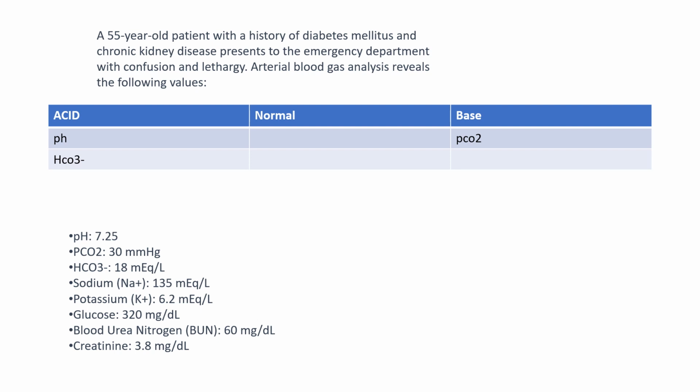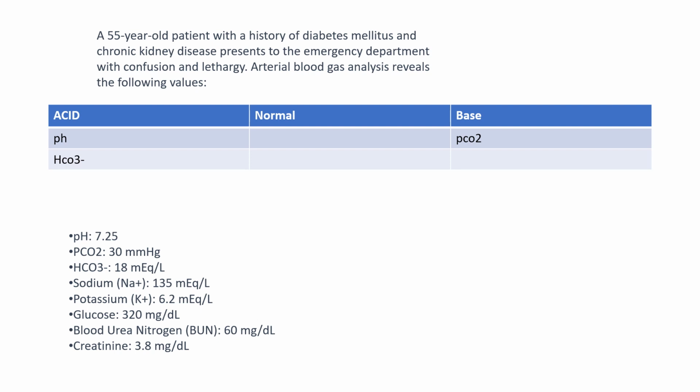Now coming to the bicarbonate level. The normal value is between 22 to 26 milliequivalents per liter, but here it is 18, so it is less. So it falls under the acid category.